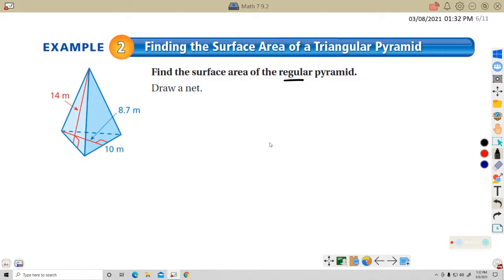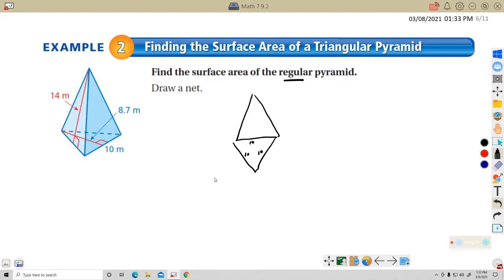Okay, so I'm going to draw an equilateral triangle to the best of my ability. It's about equilateral, 10 by 10 by 10. And then I've got this slant height of 14, so it's going to be longer than this. It's going to be about out to here, right?